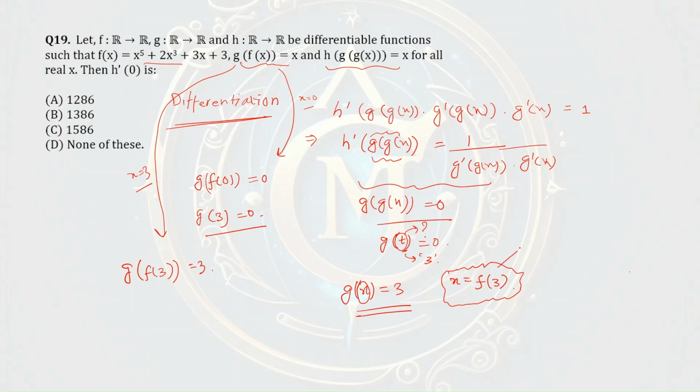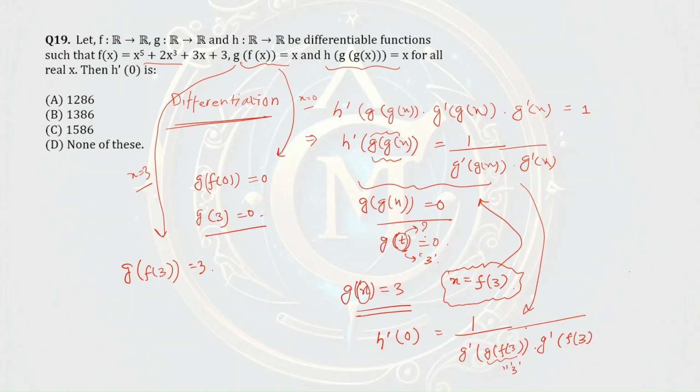So if we put this piece of information in this equation, we get h dash of g(x) is 0, as we discussed. It will be h dash of 0 is 1 over g dash of g of f of 3 times g dash of f of 3. Now g of f of 3 is equal to 3 because g of f(x) is x for all x.